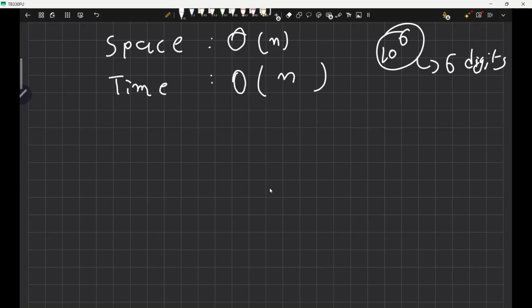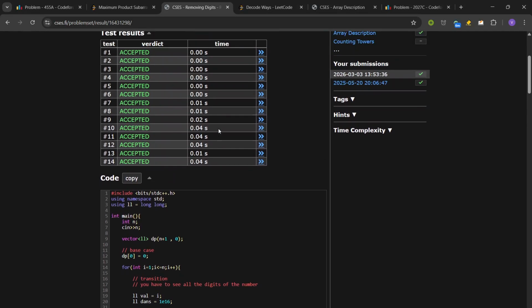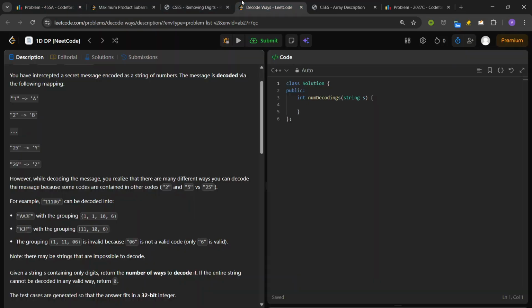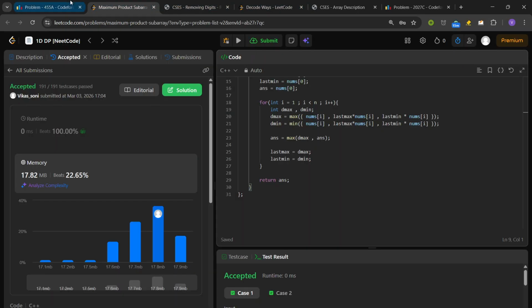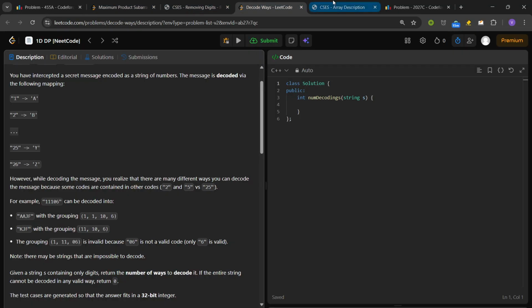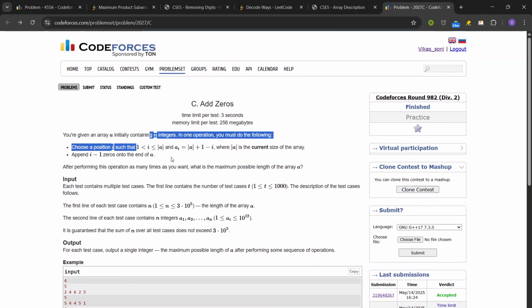I hope that you understood this question, and this was a nice question, where you have to find the transition. So we discussed 3 questions, one from each different platform, and I give you these 3 questions as homework. This is my favorite one of all the 6 questions.